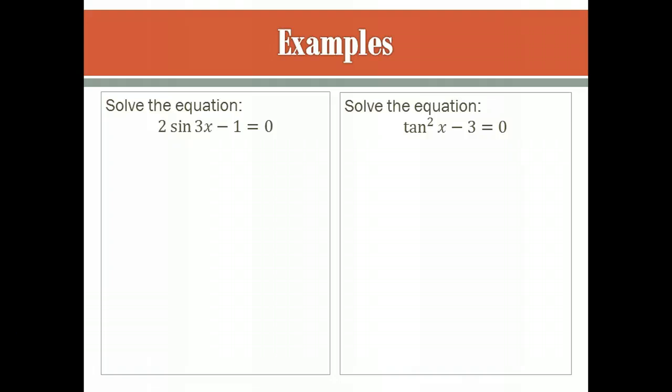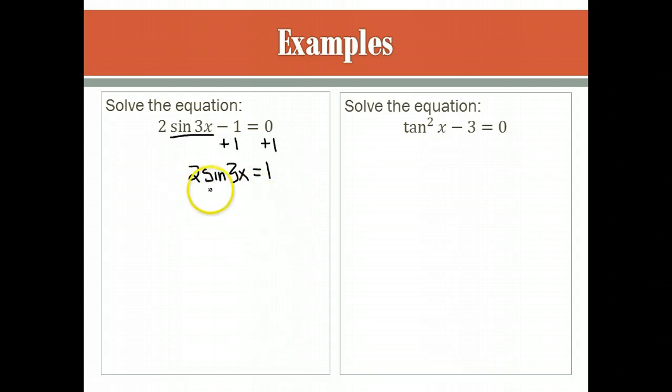Okay, so the first step when you're solving a trig equation is to isolate the trig function. That means I need to isolate this part of the equation. So the first thing I'm going to do is add 1 to both sides, which gives me 2 sine 3x is equal to 1.